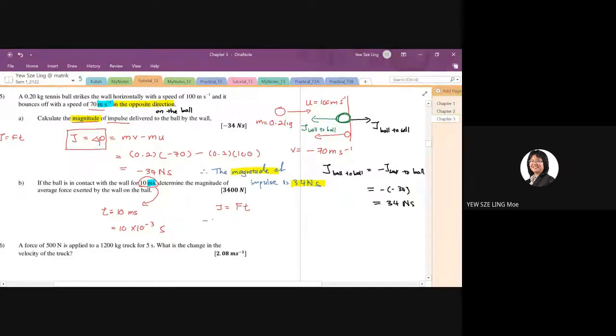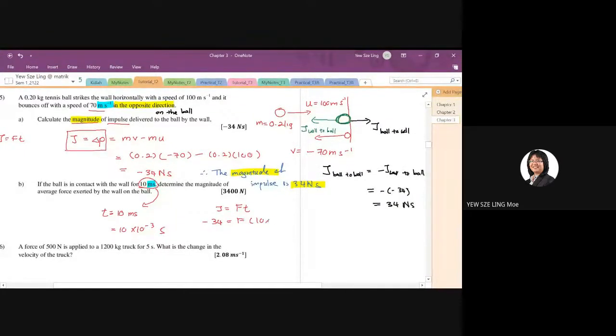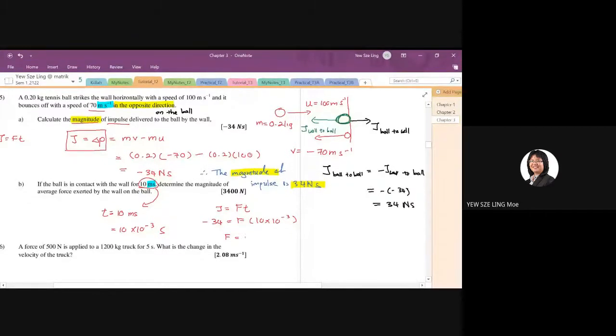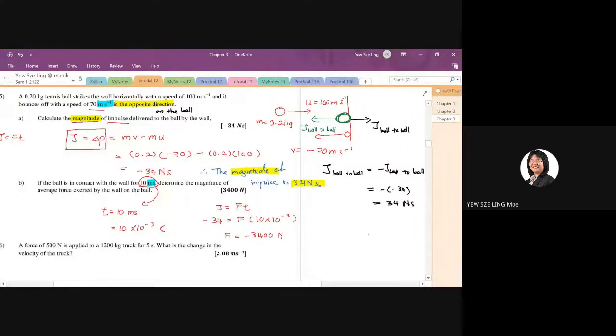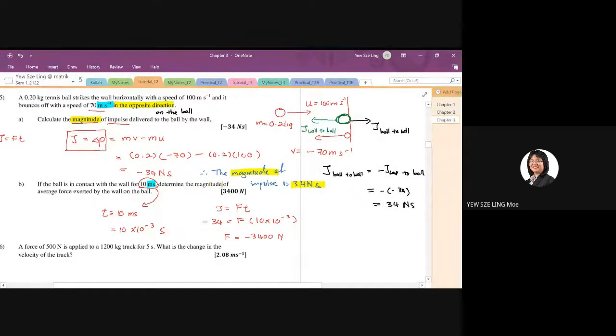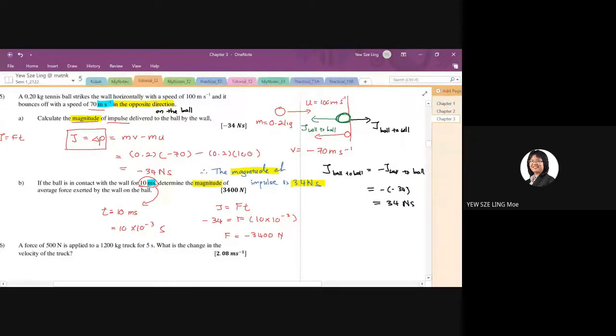So negative 34 equals F times 10 times 10 to the power of negative 3. And I have a force which is equal to negative 3,400 Newton. Again, the question is asking for magnitude.